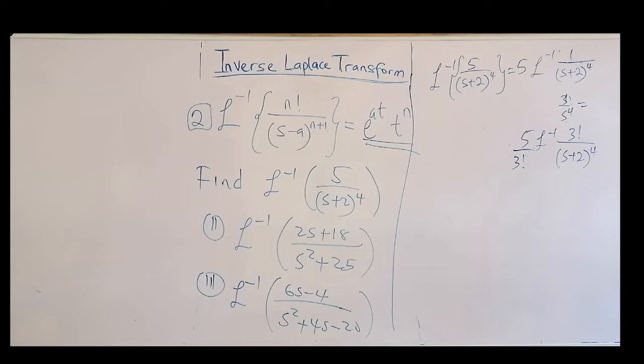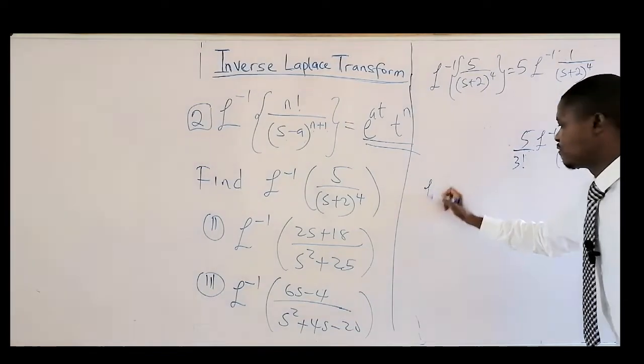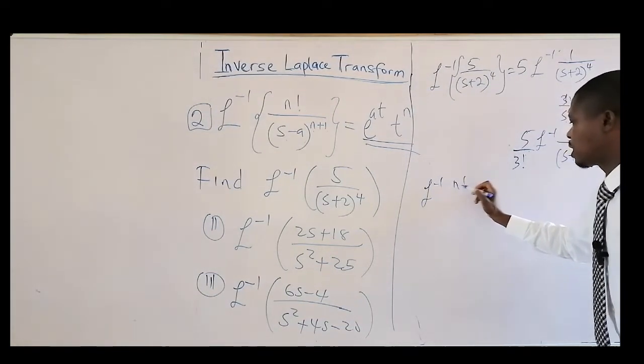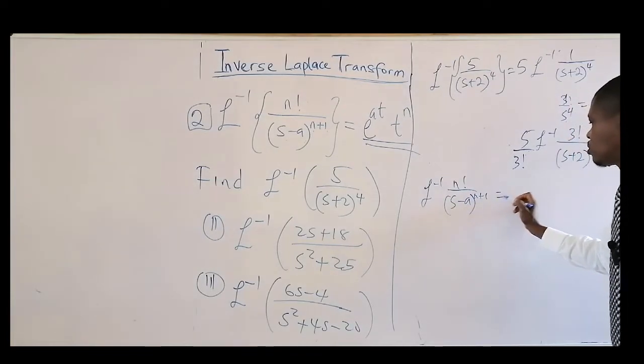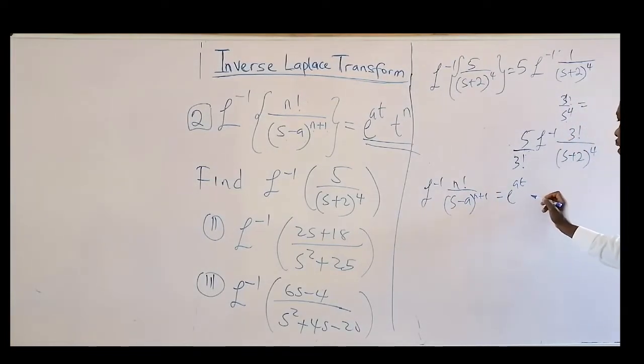And that will be equal to, exponential here is plus, and the standard rule is this: the inverse of n factorial over x minus a to the power n plus 1 is equal to e^(at) t^n.